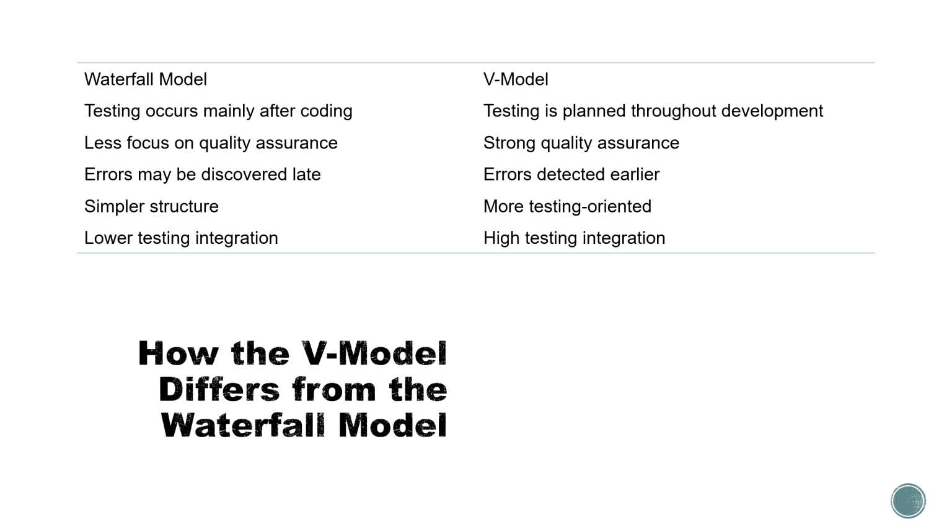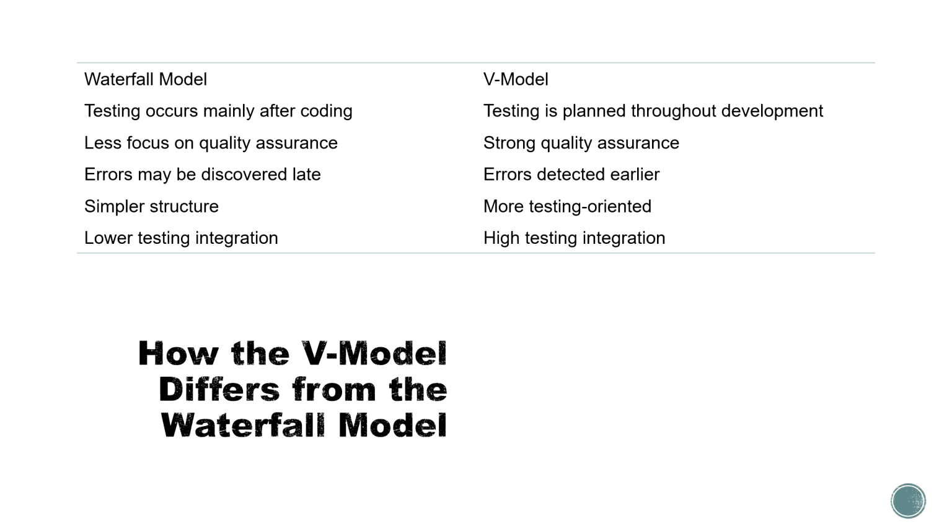V model में we have stronger quality assurance, earlier error detection क्योंकि testing activities start में हो जाती हैं, and better testing integration. टेस्टिंग की तमाम एक्टिविटीज स्टार्ट में फिनिश नहीं हो जाती, उनकी प्लानिंग डेवलपमेंट के टाइम से स्टार्ट हो जाती है एंड लेटर ऑन उन्हीं प्लान के मुताबिक आफ्टर द कोडिंग इज डन द टेस्टिंग इज परफॉर्म्ड.